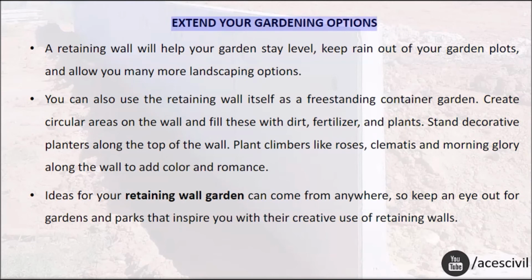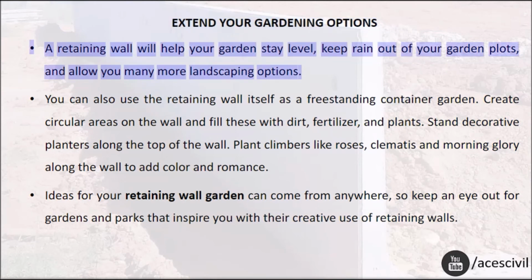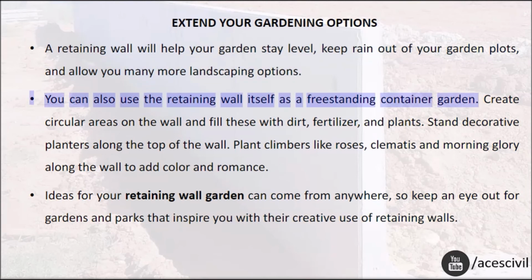Extend your gardening options. A retaining wall will help your garden stay level, keep rain out of your garden plots, and allow you many more landscaping options. You can also use the retaining wall itself as a freestanding container garden.